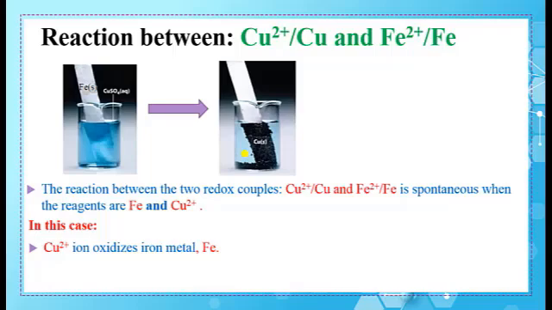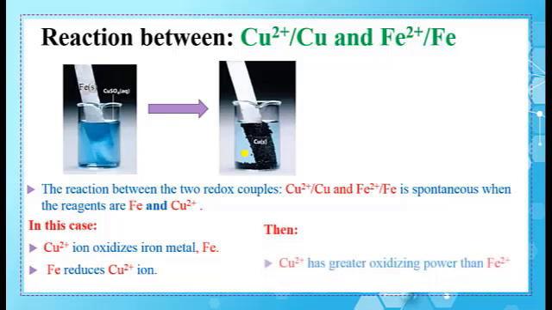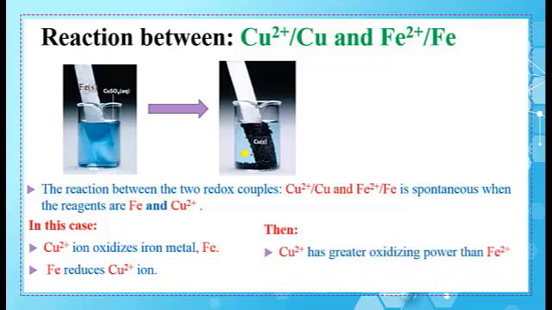Cu2+ causes the oxidation of Fe, while Fe reduces the copper ions to Cu atoms, which we can see on the iron bar. Then Cu2+, since it can oxidize iron metal, has a greater oxidizing power than Fe2+, and Fe, which reduces Cu2+, has a greater reducing power than Cu.